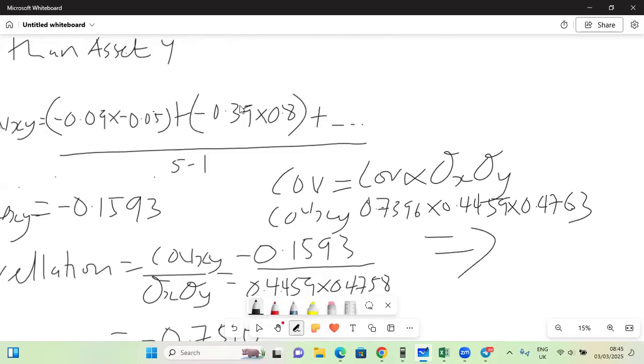That's the answer we are going to get. Remember, this was negative 0.7396, times these, so the covariance is going to be negative 0.1571 approximately.